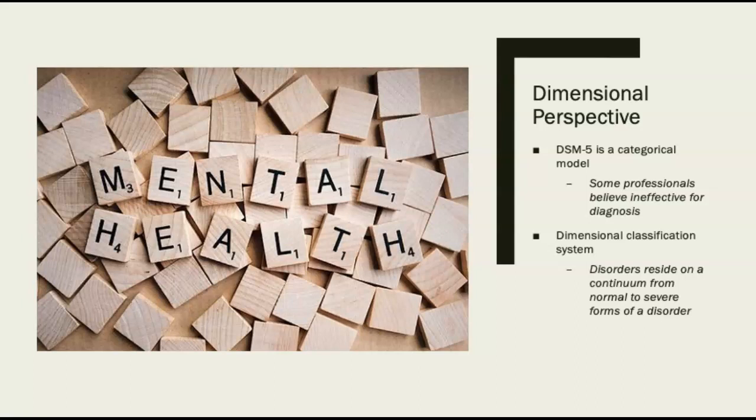And actually, part of the DSM does bring in more of that continuum model, especially as it relates to alcohol use and to substance use. And this was not true in the DSM-4.